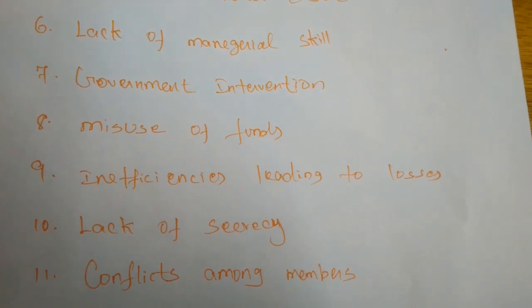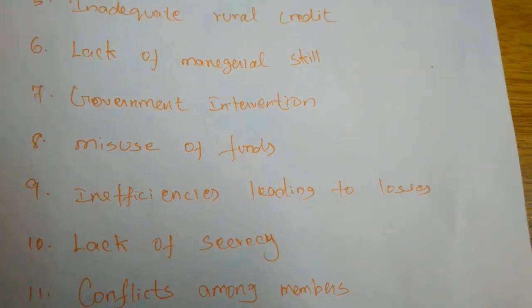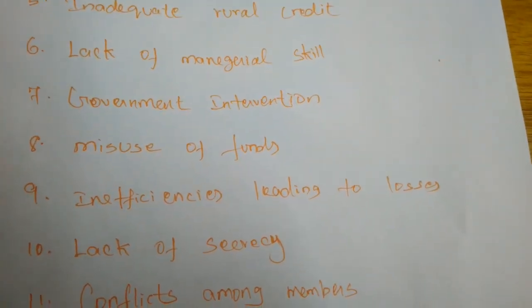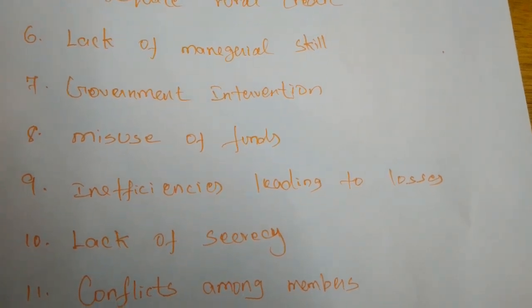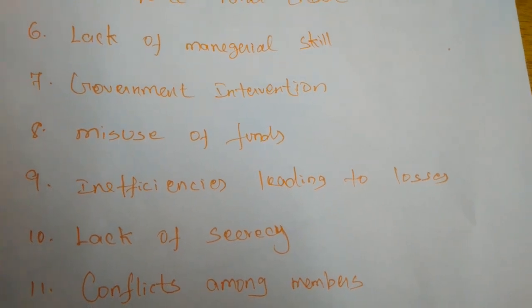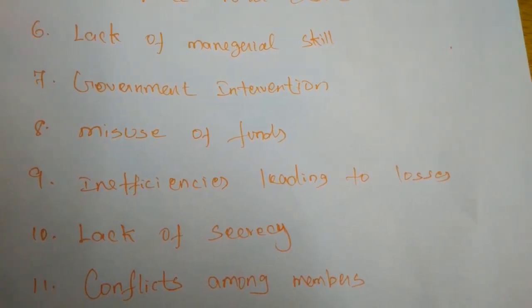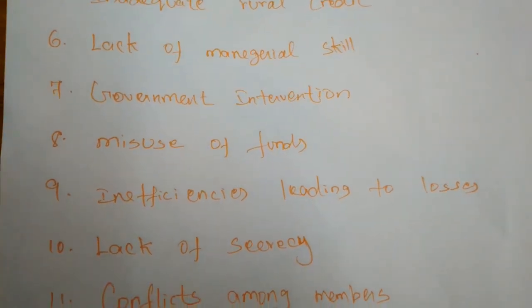Lack of managerial skills results in insufficient management, poor functioning, and difficulty in achieving objectives. When they don't have good managerial skill, they will never focus on the objectives of the cooperative organizations, so they will never achieve them because of lack of managerial skill.